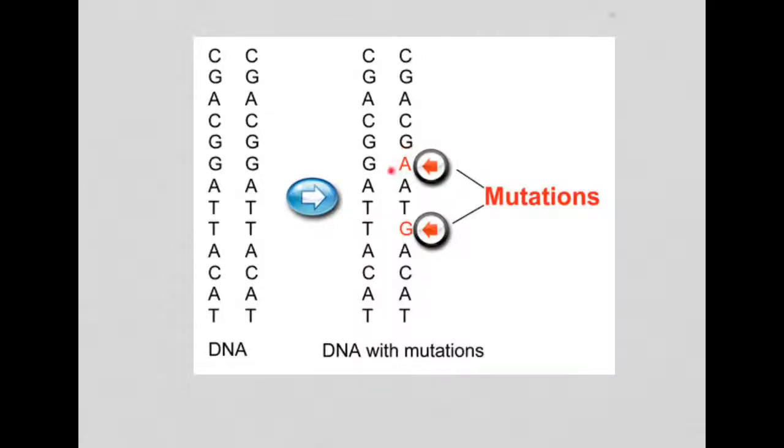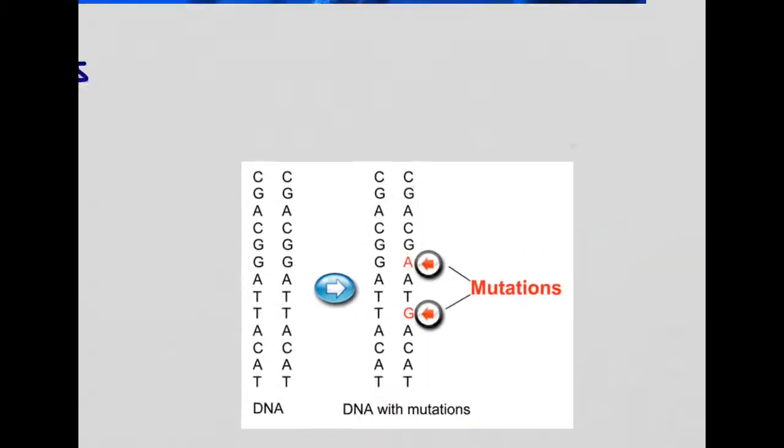However, you could imagine a situation where for some reason, instead of inserting a G in this place, you insert an A, and then again here, instead of inserting a T over here, you get a G. And this could then lead to the formation of a different combination of amino acids, which is a different protein, slightly different protein, and that slightly different protein might be something that's either harmful, neutral, or beneficial.